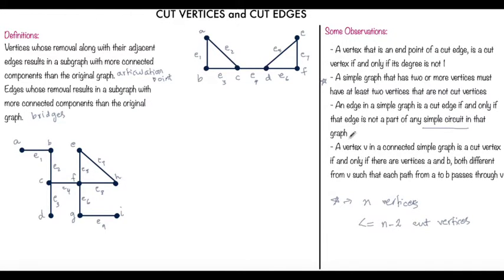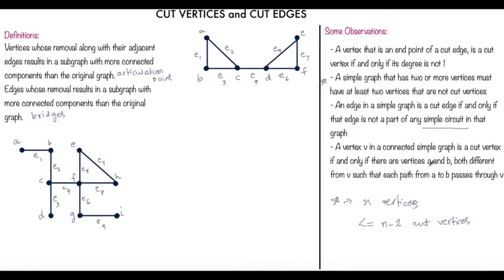Or bridge. And similarly, a vertex V in a connected graph is a cut vertex if and only if there are vertices A and B, both different from V, such that each path from A to B passes through V. So this is another definition of cut vertex.